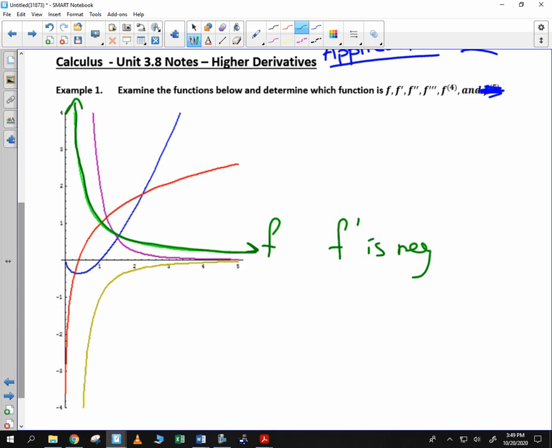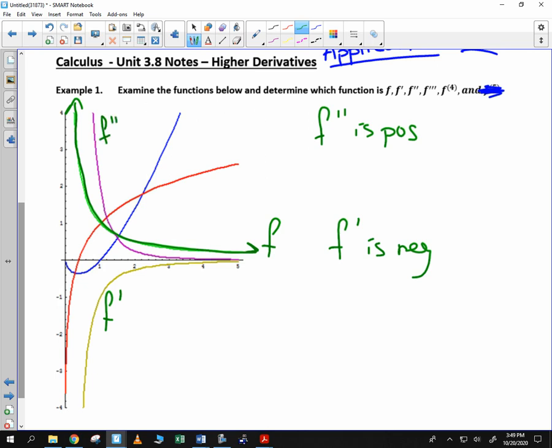That would make this one f prime. So if that's f prime, what can you tell me about the slope of that graph? The slope is always positive. So f double prime is positive, which means it always sits above the x-axis. So it looks like it would be the purple one. The purple one would be f double prime.